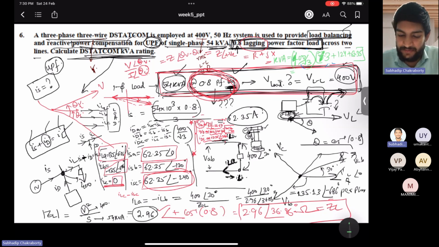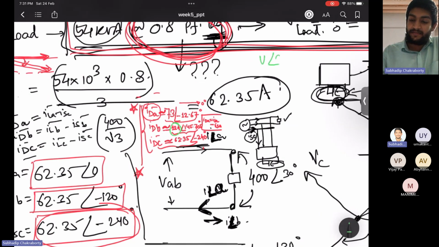How will you calculate the next phase power? Next phase power is 400 by √3 again, the same voltage, into 124, the amplitude of the current, into cos of the angle between those two. Because voltages are like this: V angle 0, V angle minus 120, V angle plus 120.